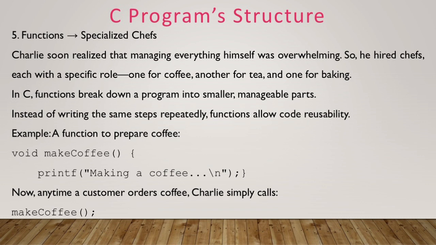Every time make coffee is called, it will make coffee only, not tea. Every time make tea is called, it will make tea only, not cake. So the functions work for the same number of steps repeatedly. This is a function. It allows reusability. We can use it again and again, you can call it again and again.